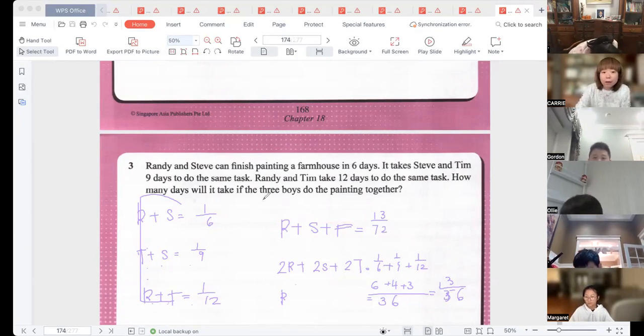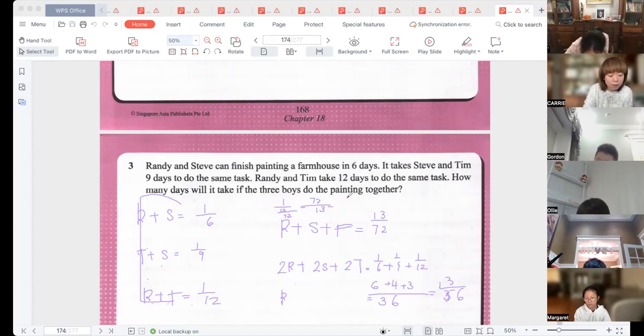Okay, so how many days do the 3 boys take to do it together? 1 divided by 13/72 equals 72/13. And some kids say, "Teacher, this is not an integer." It doesn't matter.